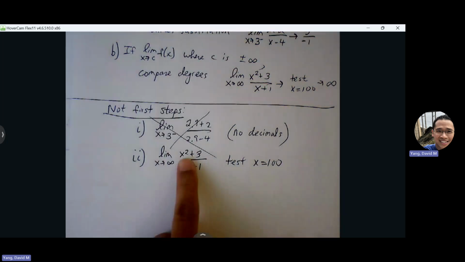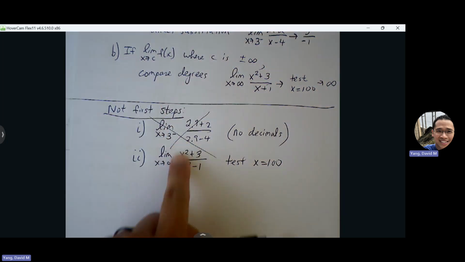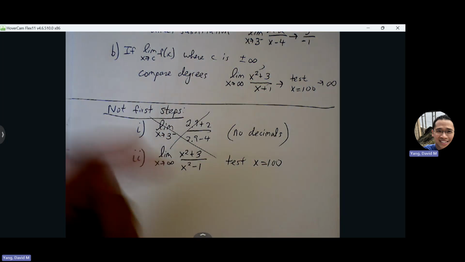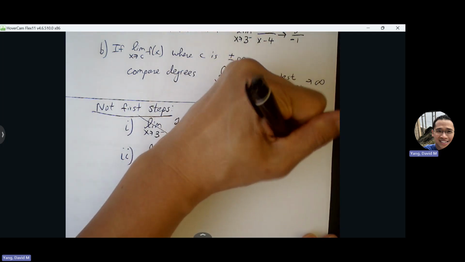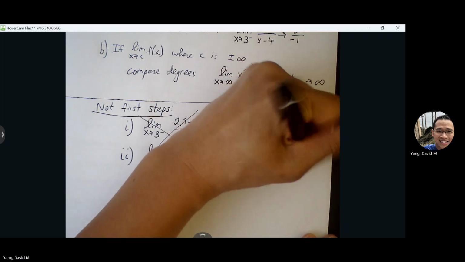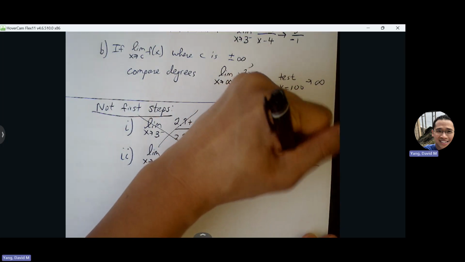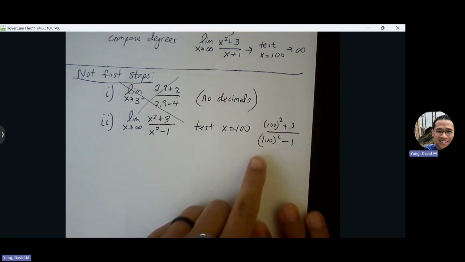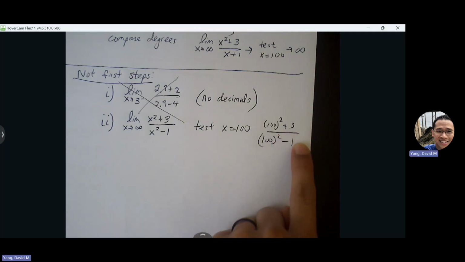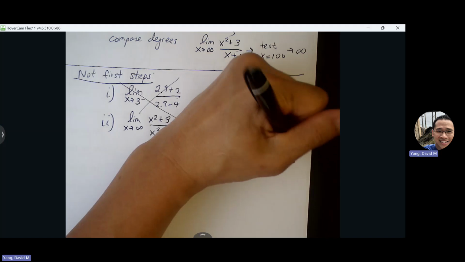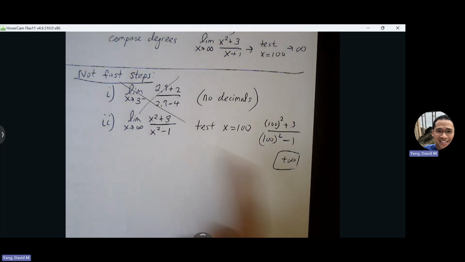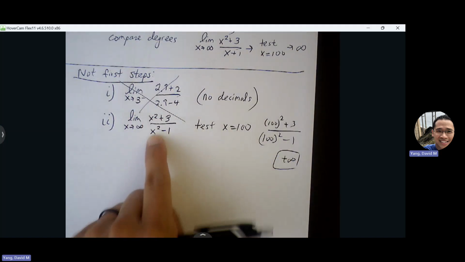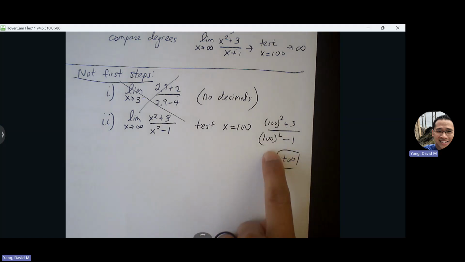But remember, degrees is the first step, not plugging in a value. And so here students would get stuck not knowing what this means. And they don't know what to do with this. And they say, well, this is just some positive number. And then they would say positive infinity. But that's not correct, right? Degrees come first. You know the limit is going to be 1. It's not positive infinity because degrees are the same.